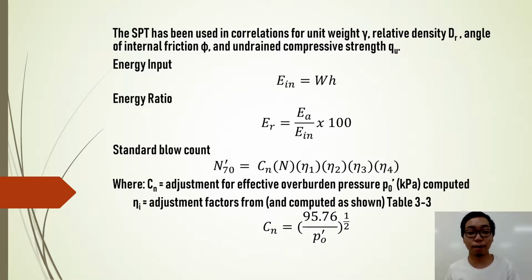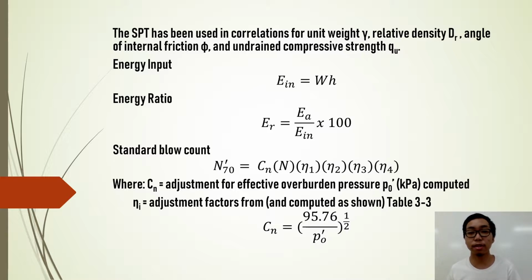According to Kovacs and Salomone in 1982, they found out that the actual input driving energy, which is represented by E sub A, to the sampler to produce penetration ranged from about 30 to 80%, while according to Riggs, EA ranged from about 70 to 100%.